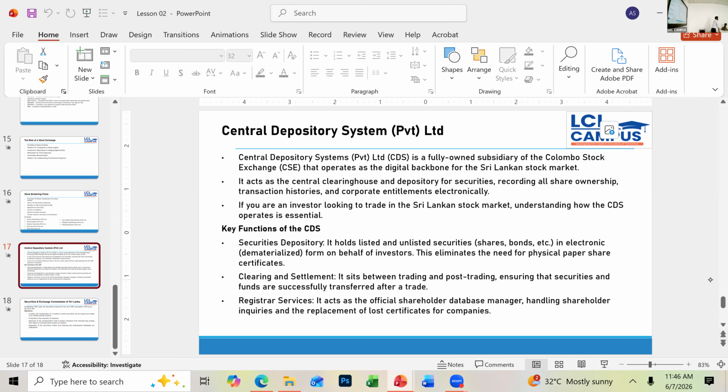Acceptable, reasonable, which means in 1991 they established this central depository system. If you don't remember the exact year, then you can write in 90s, early 90s.